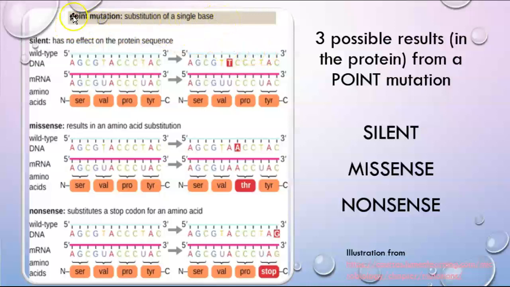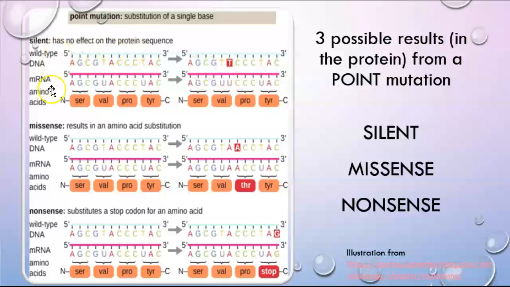We're only talking about after a point mutation, a silent error would not have any effect on the protein sequence. So, yes, there's a change from the original sequence, but the error still results in valine. So remember on our RNA codon chart, there can be more than one codon that codes for the same amino acid.